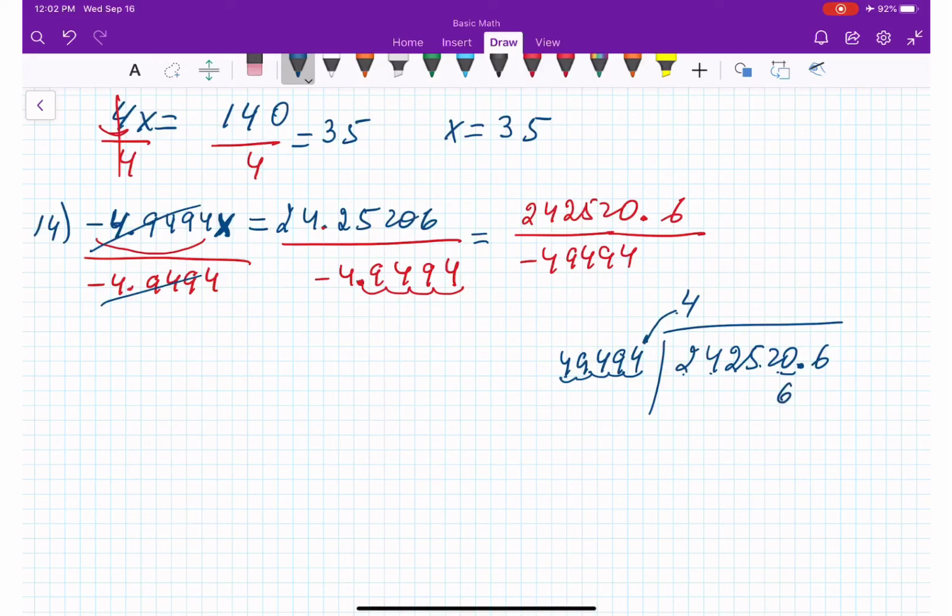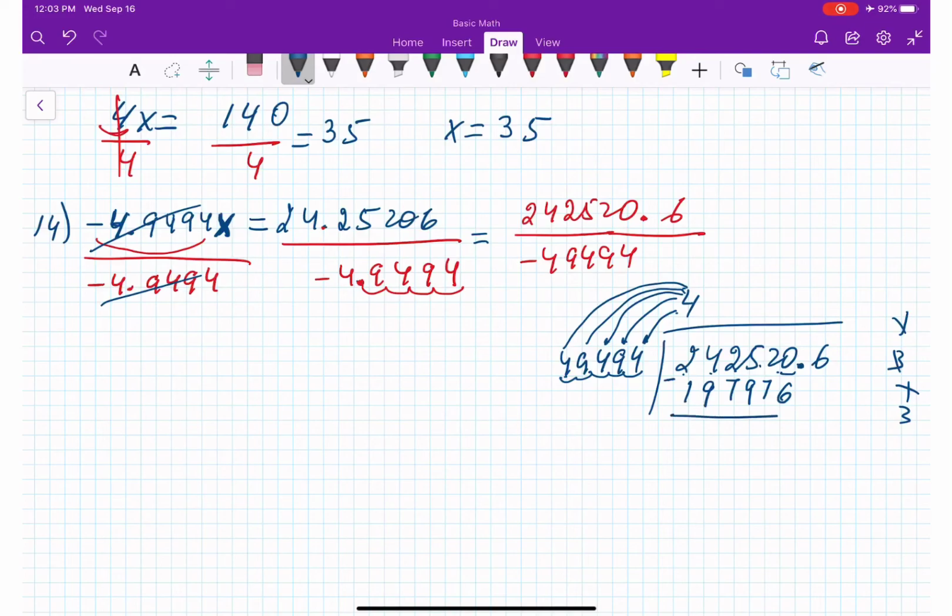Writing down 6, 1 in mind. 4 times 9, 36, and 1, 37. 3 in mind. 4 times 4, 16, and 3, 19. 1 in mind. 4 times 9, 36, and 1, 37. 3 in mind. And 4 times 4 is 16, and 3, 19.